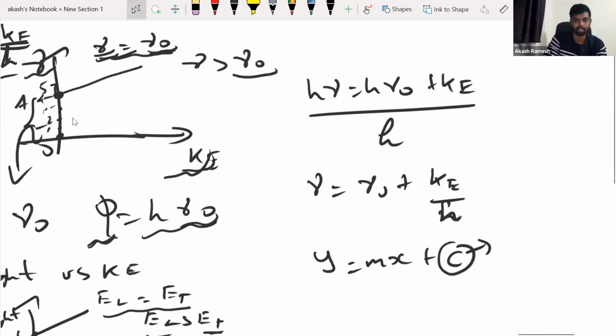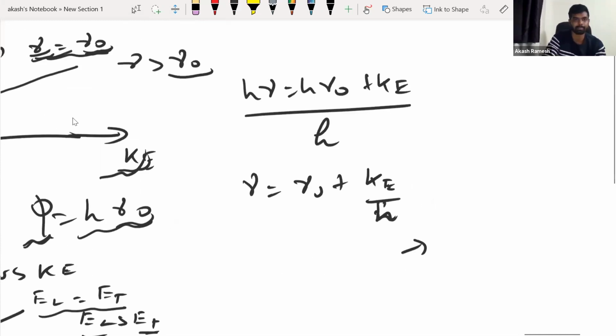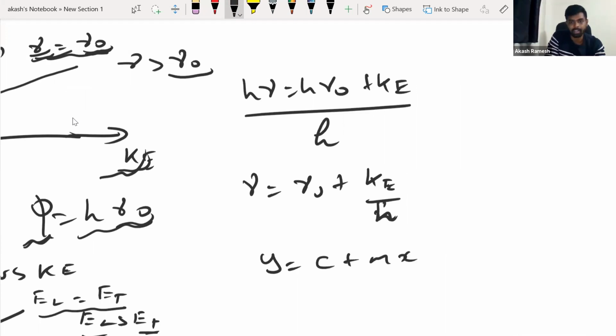Anyways, now I write it like this: y is equal to c plus mx. In the x-axis I have KE by h. Slope in this case is 1, because there is no coefficient. Now this c is my intercept.